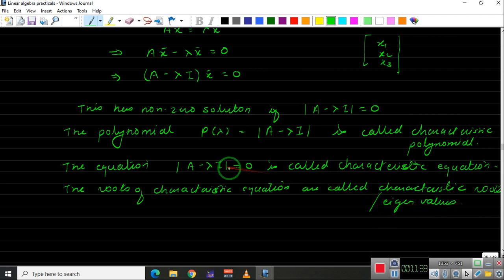Okay, and then for a particular value of lambda, that is an eigenvalue, we will solve the system, we will get the value of x bar, and that will be the eigenvector corresponding to the eigenvalue lambda.